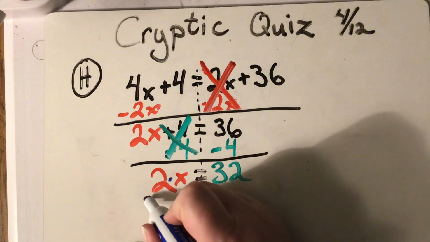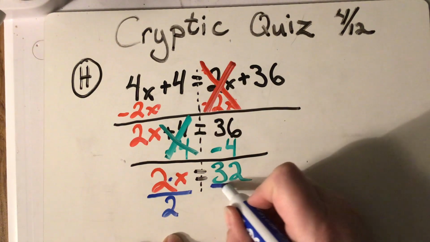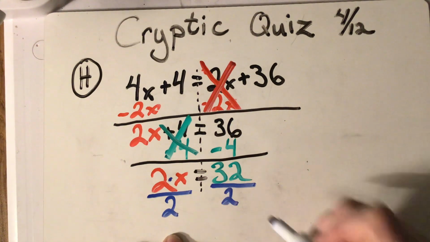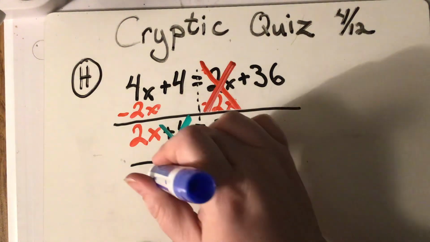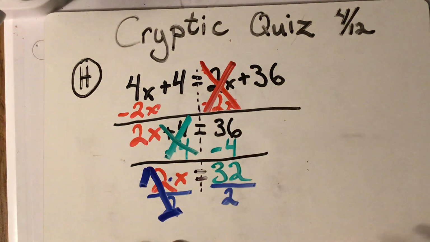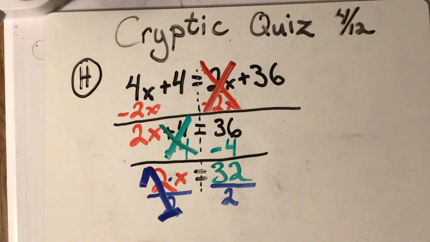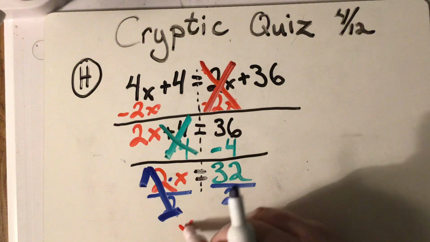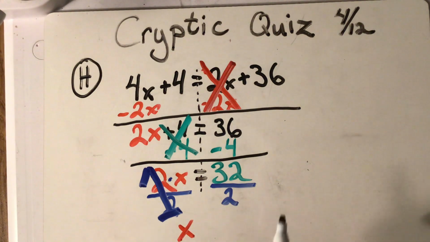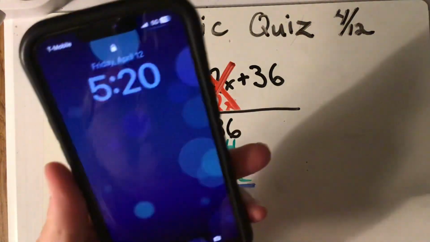So I'm going to divide by 2. Divide by 2. These two together make my giant 1. So now I have x equals 32 divided by 2.